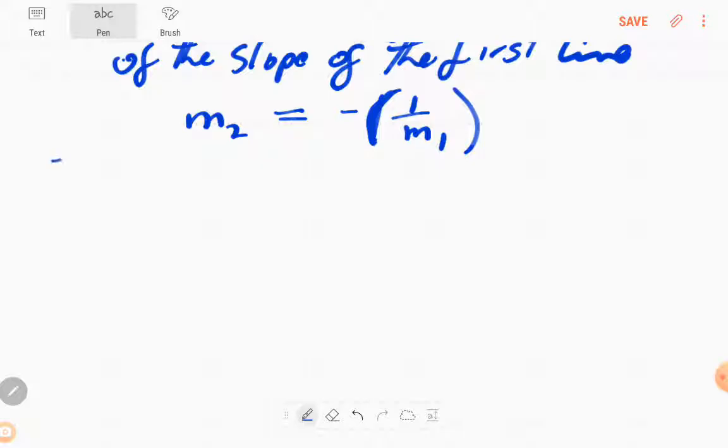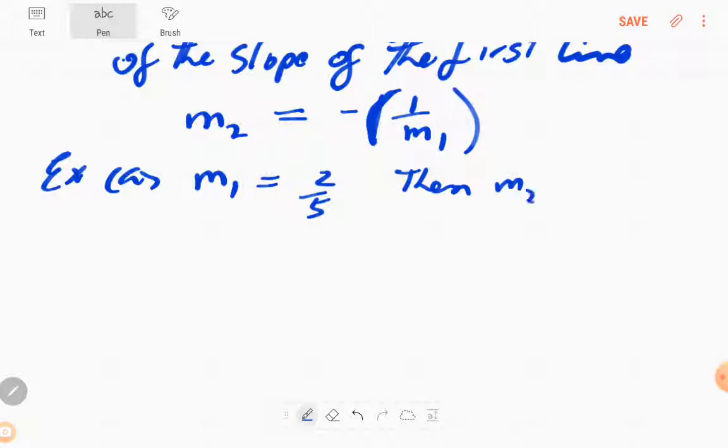So let's look at some examples. Suppose the slope of the first line is 2/5. Then the slope of the second line that's perpendicular to the first line would be negative, and then the reciprocal of 2/5 is 5/2. Another example, suppose m1 is equal to 4.